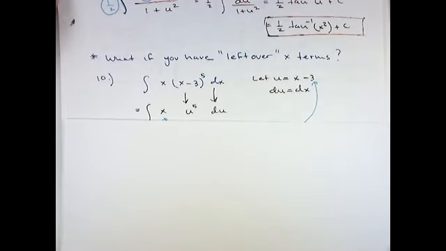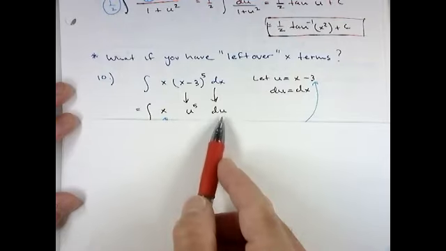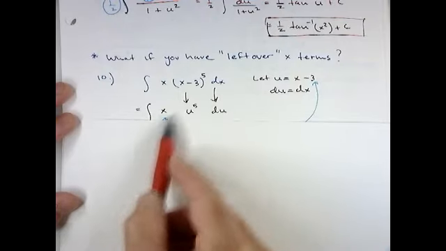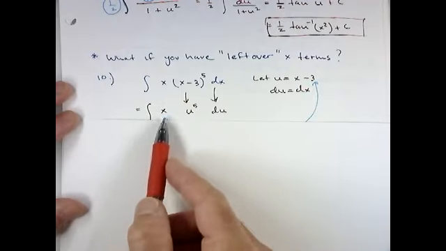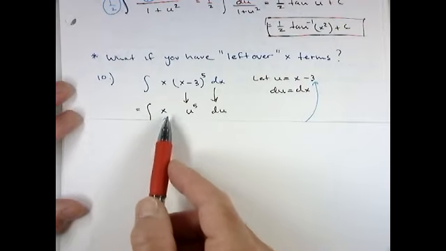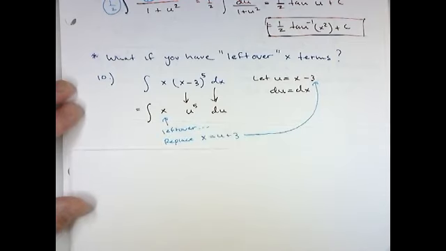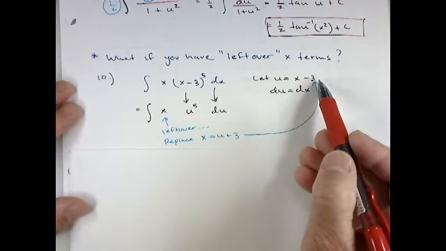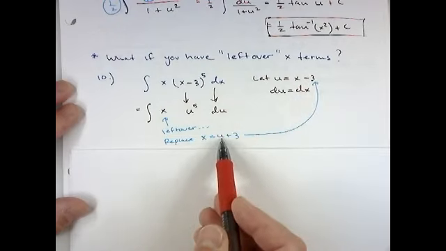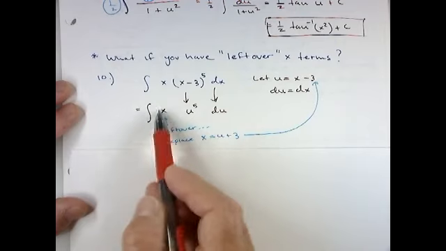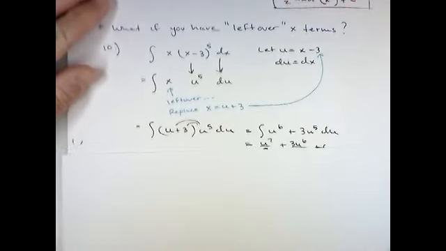So as an intermediate step, this is now u to the 5th, dx gets replaced with du, but I have a leftover x that's unaccounted for. When that happens, sometimes, hopefully, not all the time, if you have a leftover x, if you go back to your original choice for u, and you solve this for x in terms of u, x would be u plus 3. If you can replace this x in terms of u, then that would be fine. So we're going to replace that x with u plus 3.